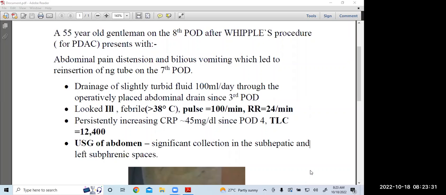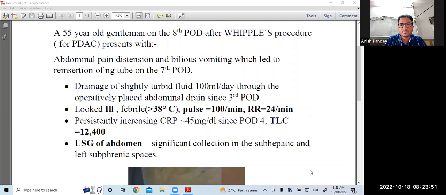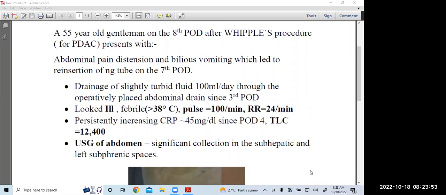Just a passing question: just like in blunt abdominal trauma, where the neck is the common site, what is the common site for this sloughing out of the pancreas in acute pancreatitis, which leads to pancreatic fistula? There is also a common site. It usually occurs at what is called the genu of the pancreatic duct.